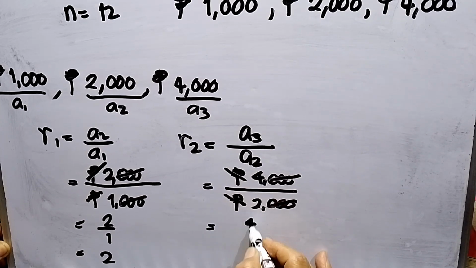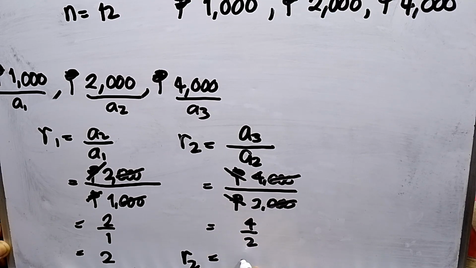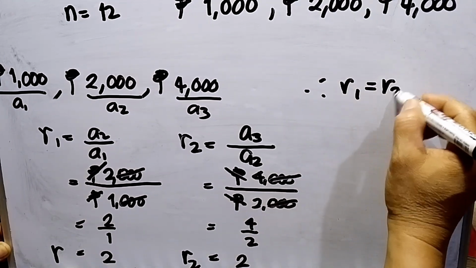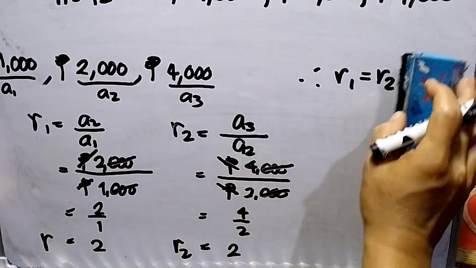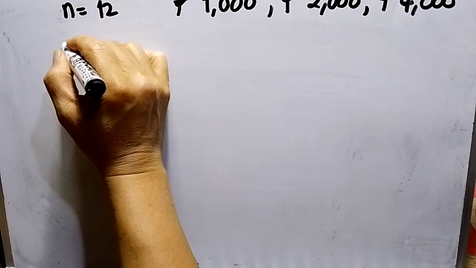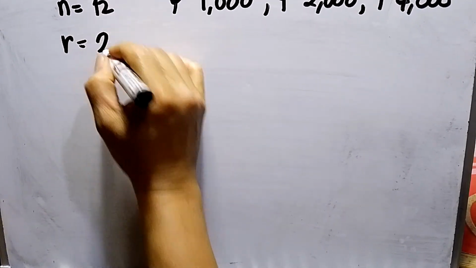Then I have 4 over 2, so my R2 is equal to 2. Same with R1. Therefore, R1 is equal to R2. So I have now my ratio: R is equal to 2.